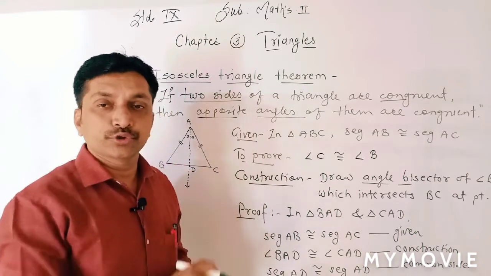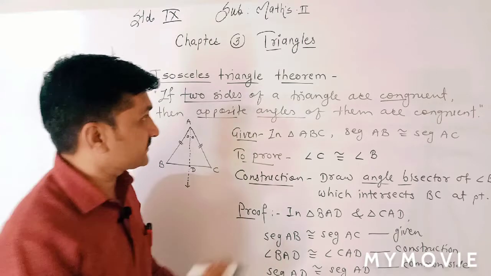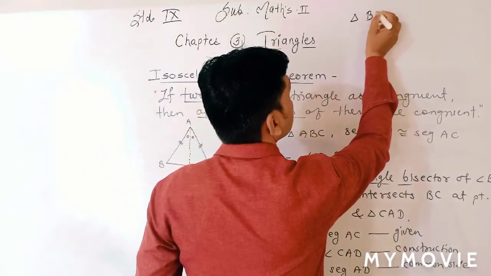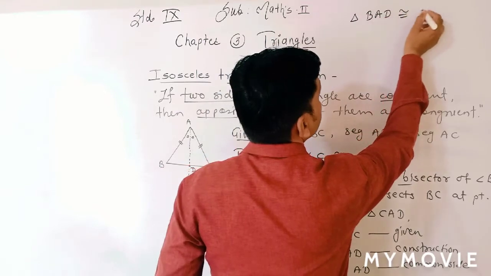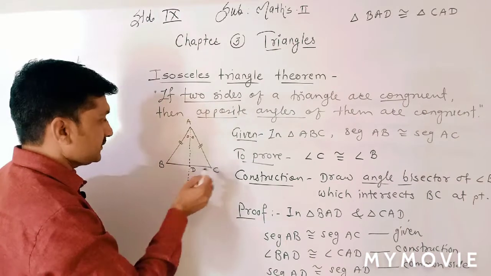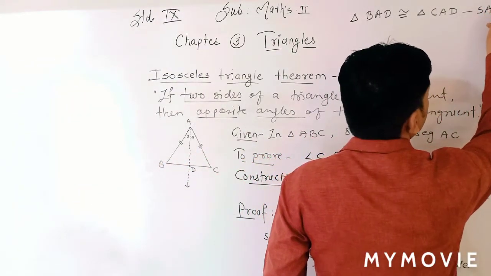Now the triangles are congruent. By which test? Side, angle, side, SAS. Therefore, triangle BAD is congruent with triangle CAD by the SAS test.